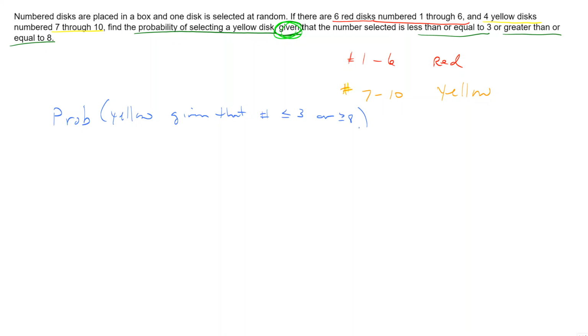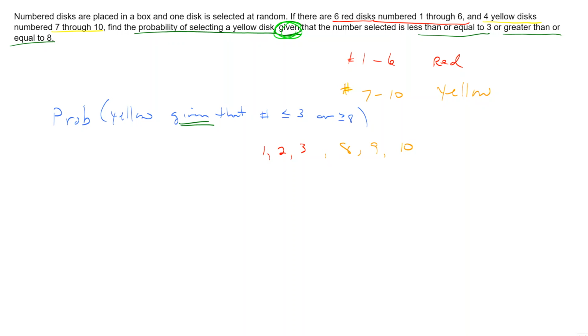Okay, so again, I have to start with the given information. I am given that the number selected is less than or equal to 3, or greater than or equal to 8. So that means the one I must have selected was either a 1, 2, or 3, which were red, or greater than or equal to 8, so it could be 8, 9, or 10. So I know it has to be one of those discs right there.